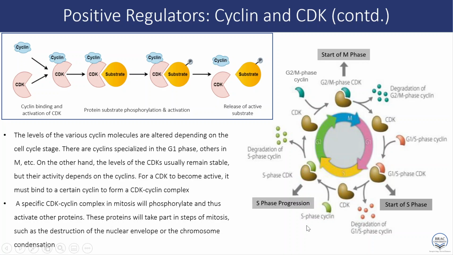The new specific cyclin mainly drives this replication process further, and when its function is done, it degrades again. A new cyclin comes at the G2 phase. So here the function of the cyclins and CDKs is shown. Depending on each phase, different cyclins come and drive the phases, so each phase of the cell cycle then proceeds.